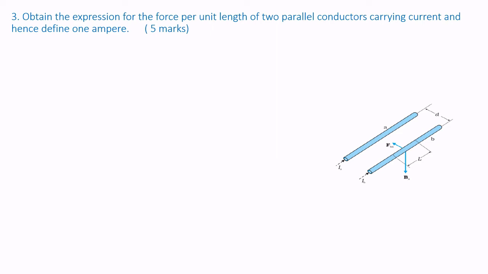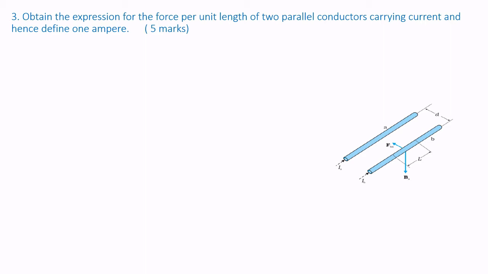Question. Obtain the expression for force per unit length of two parallel conductors carrying current and hence define 1 ampere. This is a 5 marks question. Please see the figure.